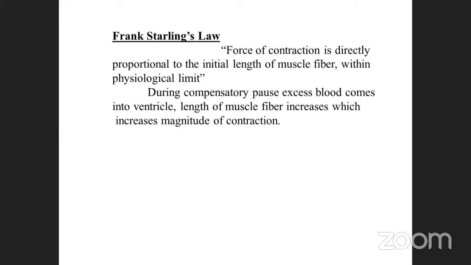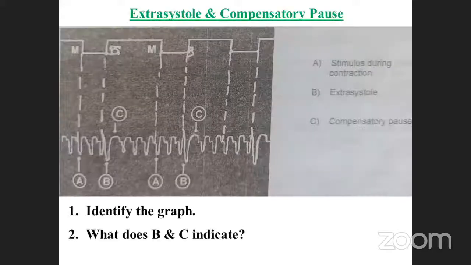In the examination, they will ask you regarding this graph why the height of contraction, though it is not shown here, is generally more after the compensatory pause. So you should know the Frank-Starling law. You can say it is due to the Frank-Starling law.